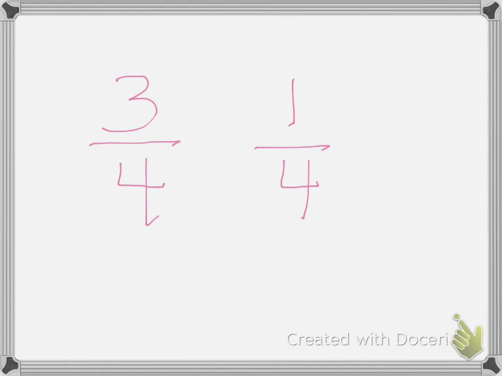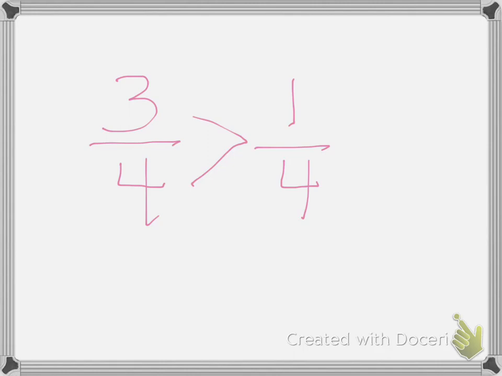Okay, so I hope you paused it and solved it. You came back, and your denominators you saw were the same. So that means you look at the numerators. In this case, 3 is bigger than 1. So 3/4 is greater than 1/4.